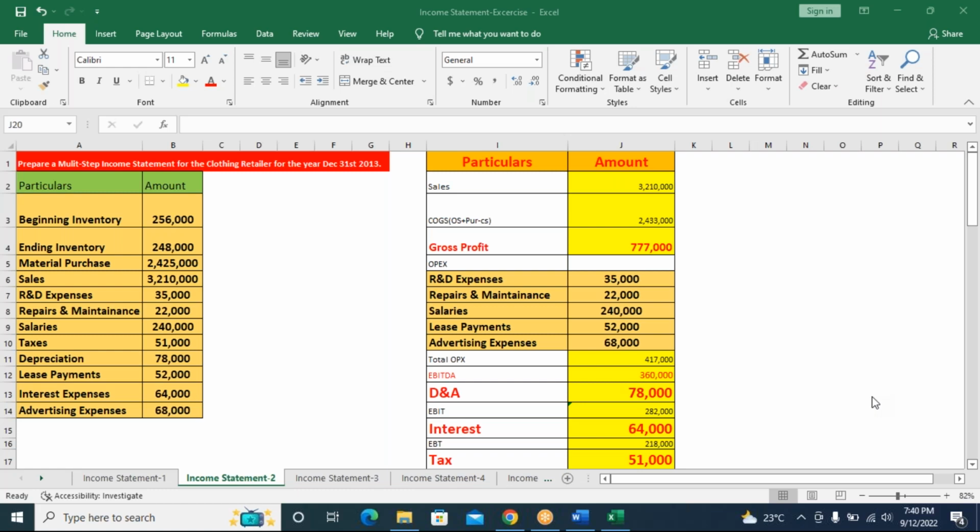Mansi, Archisha, Tanisha, present, ma'am.